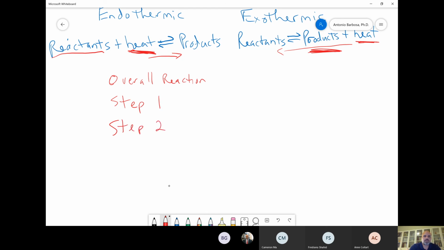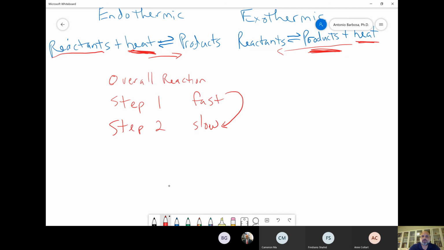If step 1 is fast and step 2 is slow, then as your reaction proceeds, step 1 will have no effect on the rate because the reaction rapidly proceeds to the second step, which is the slow step. So the rate of the reaction is going to be solely dependent on the second step.